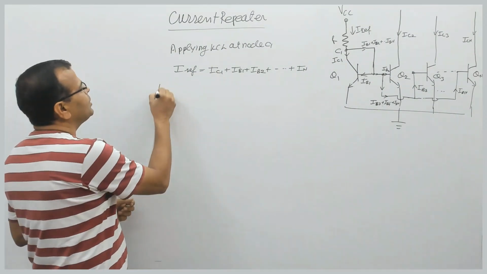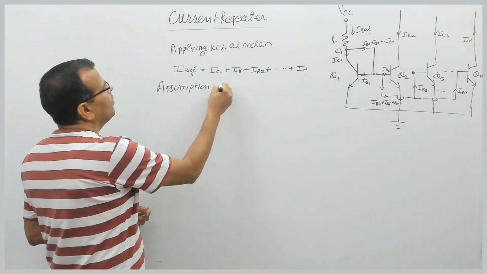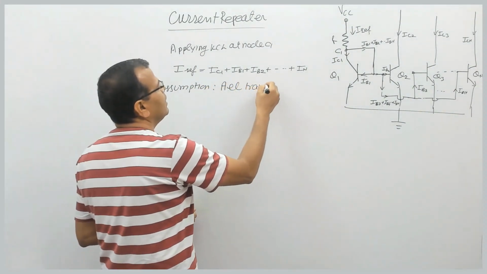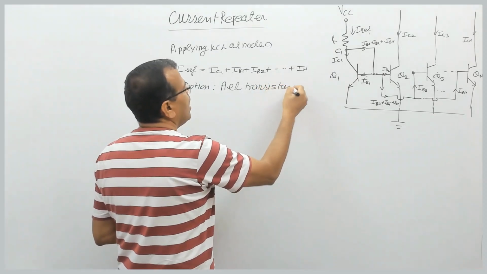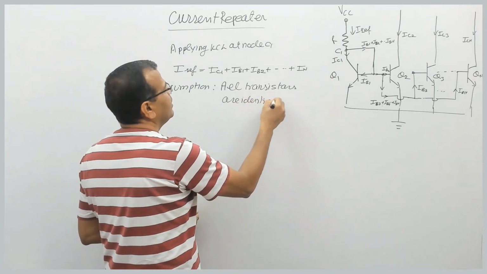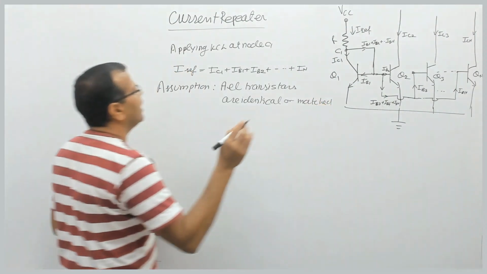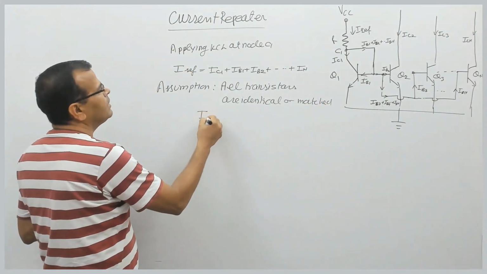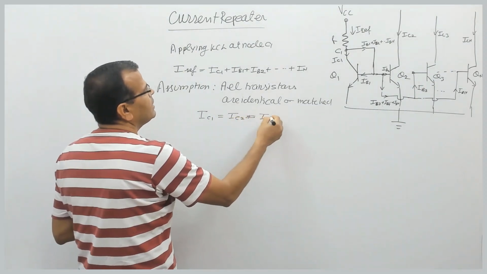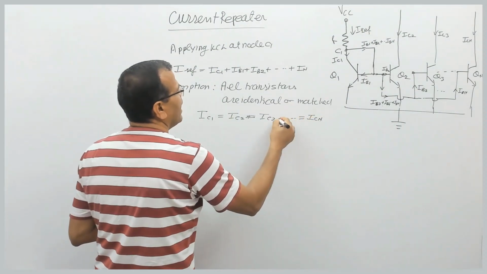But there is an assumption here. The assumption is that all transistors, all BJTs, are identical or matched. If all transistors are identical, then IC1 will be equal to IC2 equal to IC3 and so on, equal to ICN.